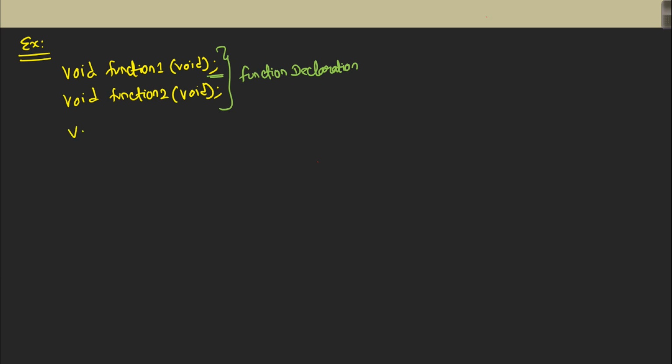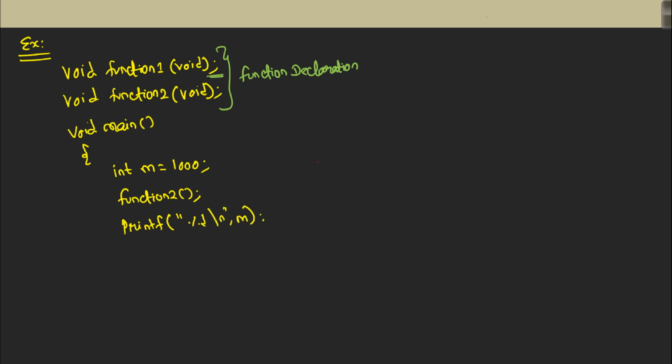So now void main. Inside void main, I am using int m is equal to 1000. I am declaring one variable m and initializing it with 1000, and then I am using one line, function 2 of, and then I am using printf %d \n comma m.